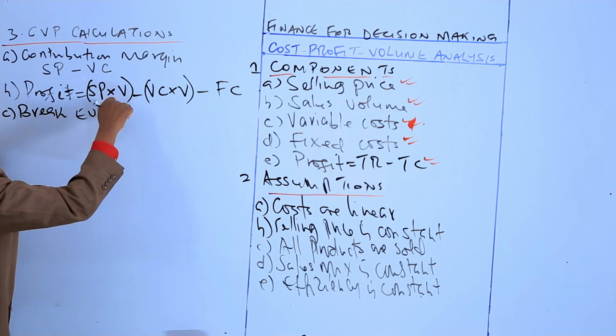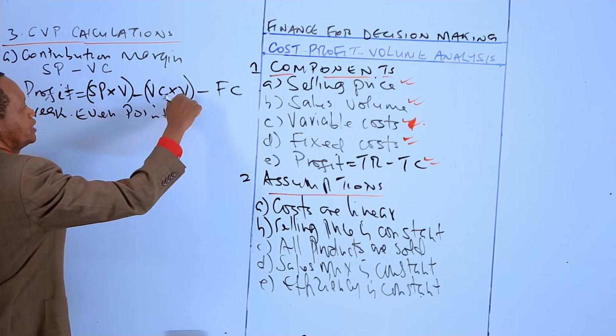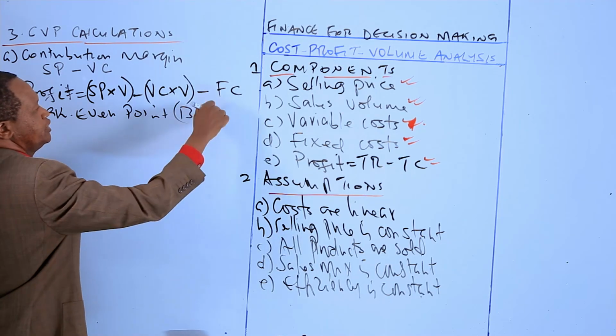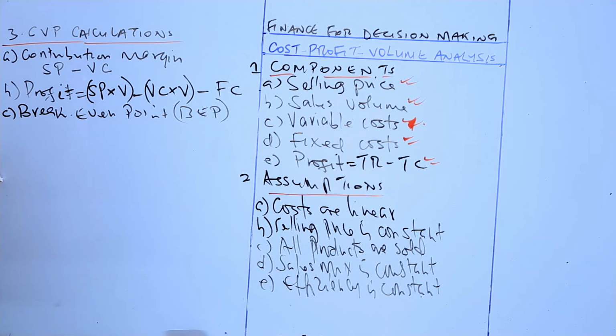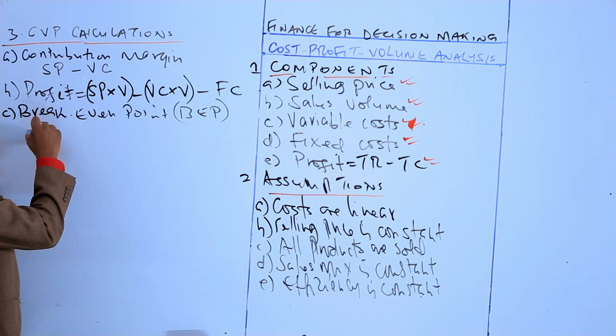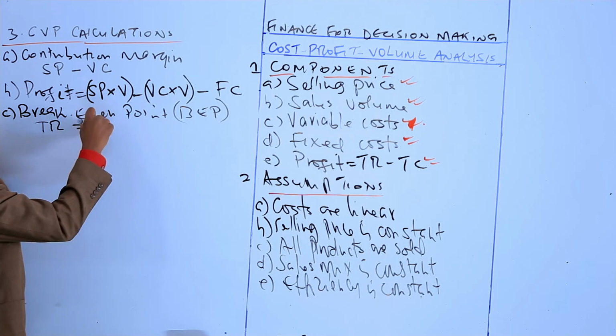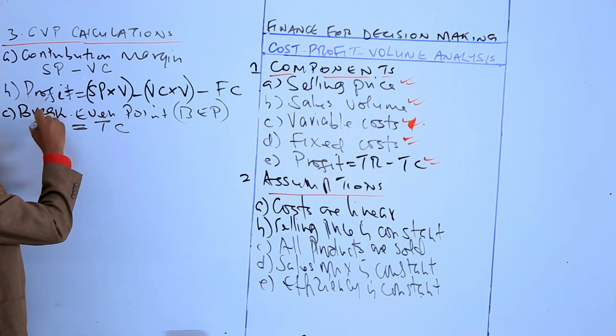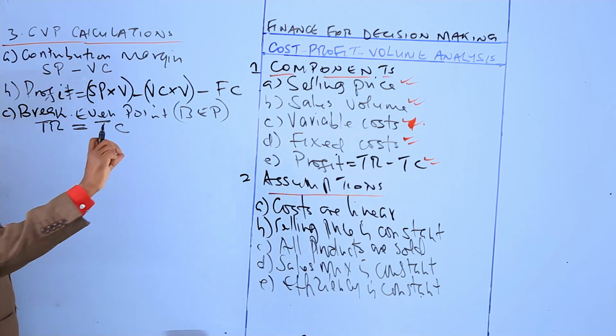Break-even point, BEP. Now, the break-even point is the level of sales volume at which total revenue exactly equals total cost. At this point, profit is 0.